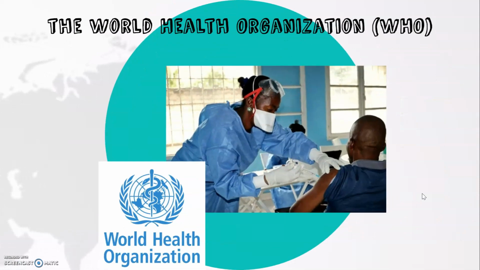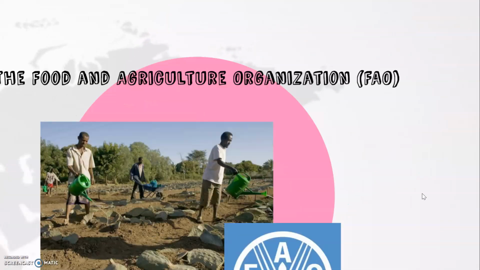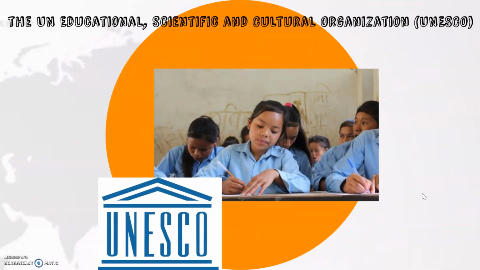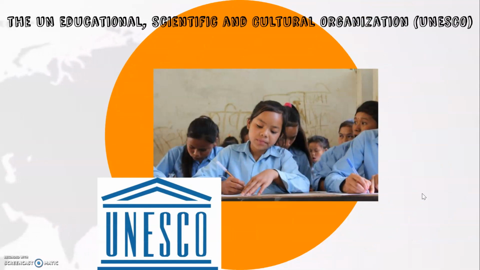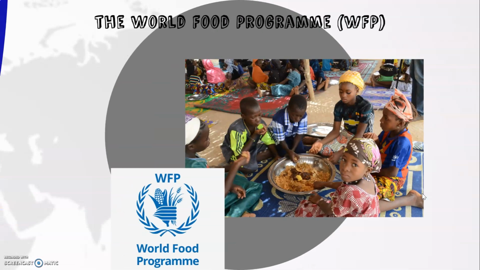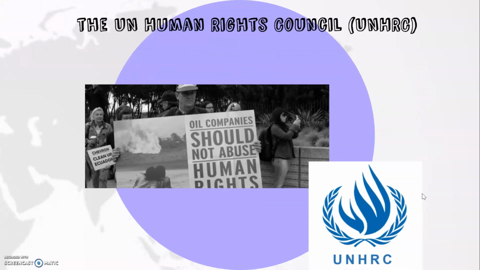The World Health Organization, the Food and Agriculture Organization, the UN Educational, Scientific and Cultural Organization, the UN High Commissioner for Refugees, the World Food Programme, the UN Human Rights Council, which is an intergovernmental UN body responsible for the promotion and protection of human rights around the globe.